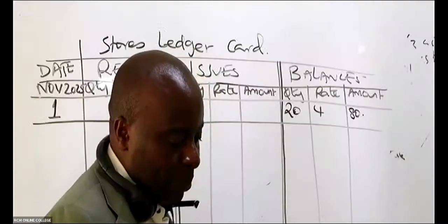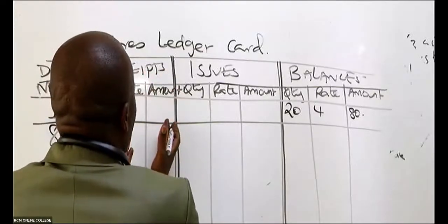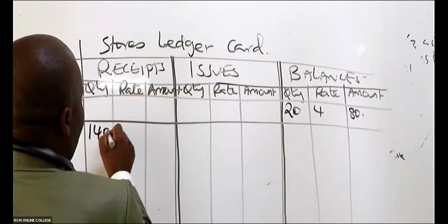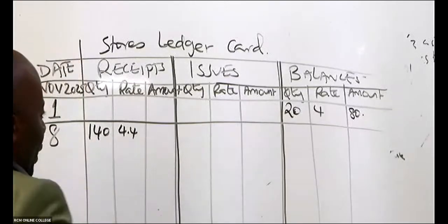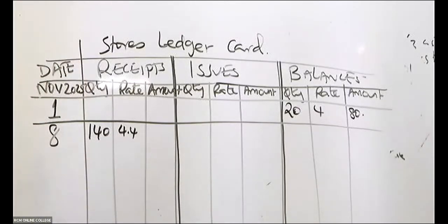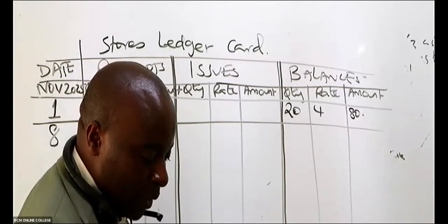So on 8th November we receive here: quantity 140, the rate is 4.4. Can you kindly give me 140 times 4.4? What does it give me?